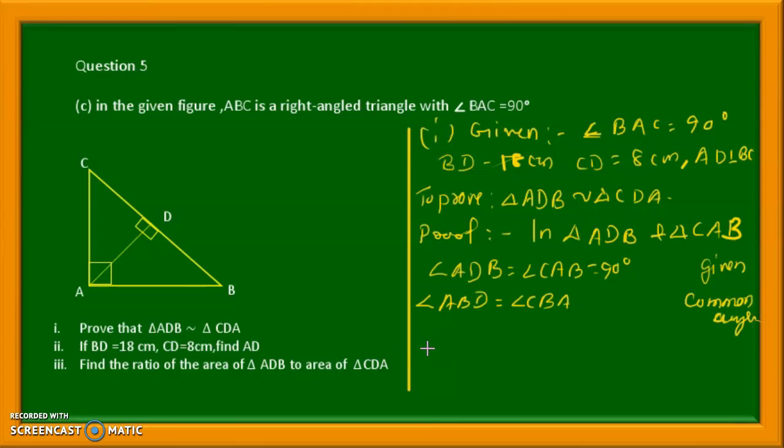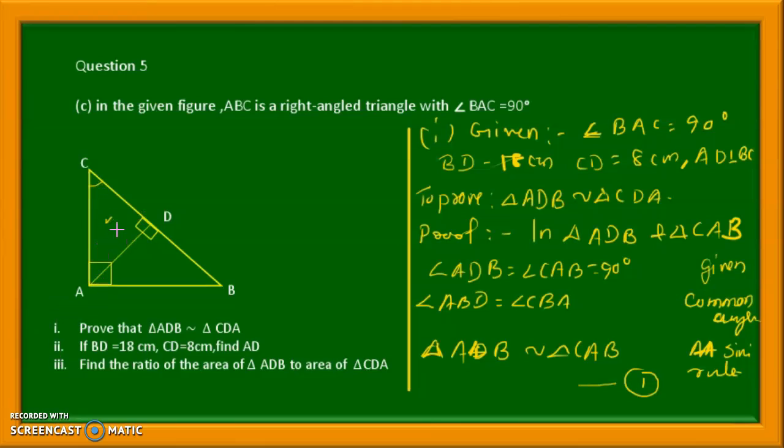Now both these angles are equal in two triangles. We can say both these triangles are similar: triangle ADB similar to triangle CAB, by AA similarity rule. So both these are similar, so we can put this as equation 1. Similarly, the same way, if we consider these two triangles, there is a common angle and one angle is 90 degree each.